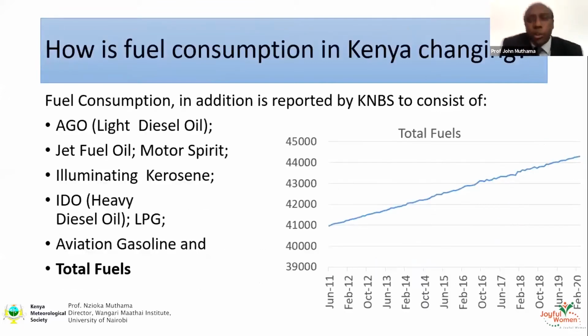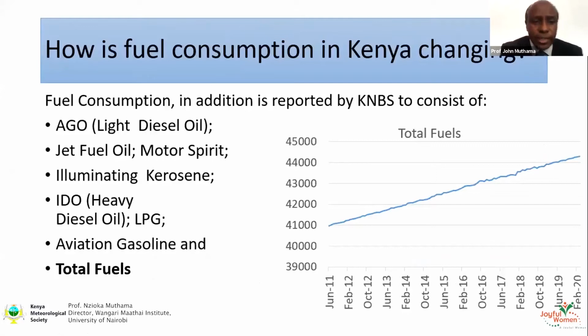Connected to this, in terms of fuel consumption, again from the records of the Kenya National Bureau of Statistics, we have data on fuel consumption. Monthly data is available. When you talk about fuel consumption, again, there are different categories.